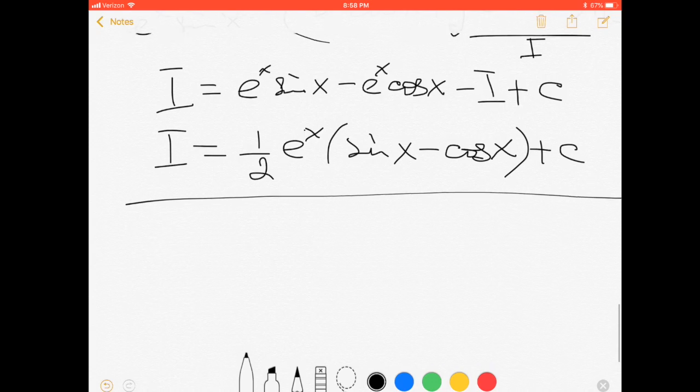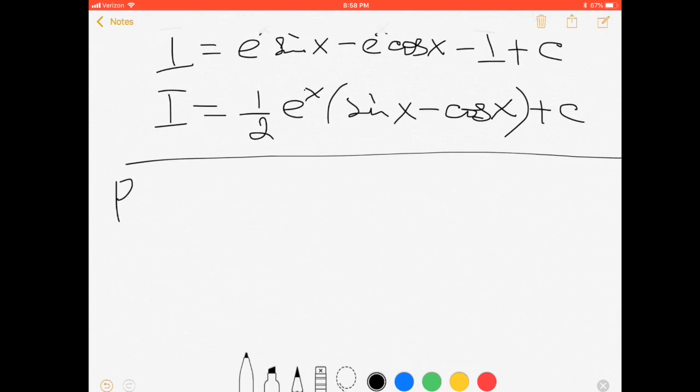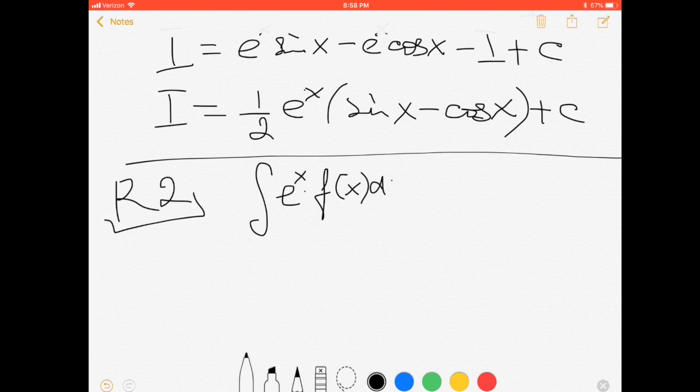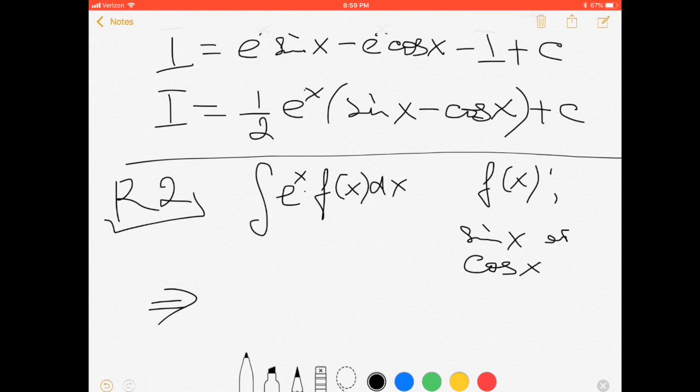Okay. What kind of rule can we write here? Rule number 2: if you have an integral where you have an exponential function times f(x) dx, where f(x) equals sine x or cosine x, this means integrate by parts 2 times.